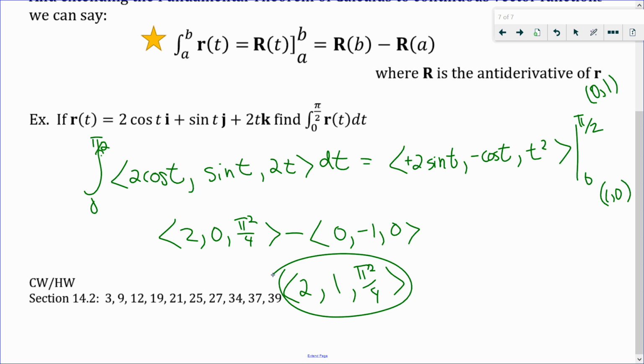All right, give me a second to knock off a couple of those problems. Let me just check and see which.